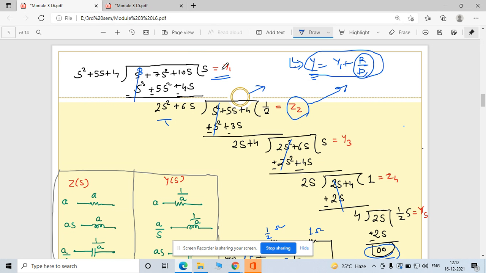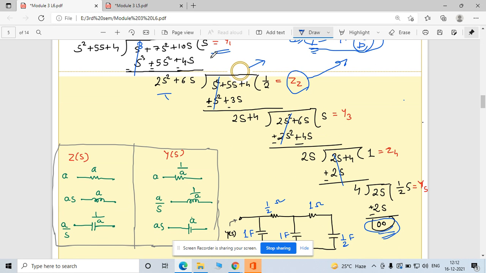If the first is impedance, then the second is admittance, the third is impedance, and the fourth is admittance. So in this case the first is admittance, the second is impedance, and the third is admittance.